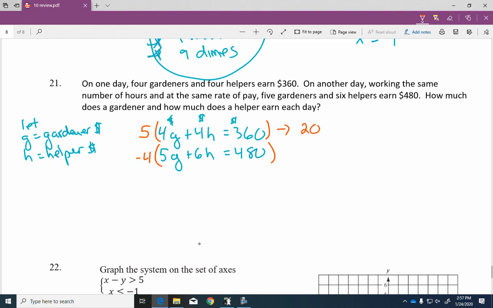Now I have 20G plus 20H equals 1800, and -20G minus 24H equals -1920.